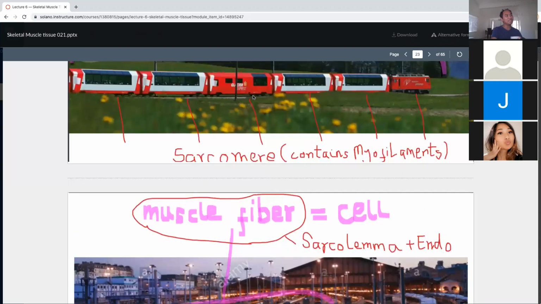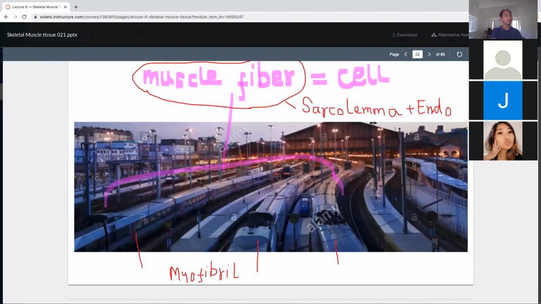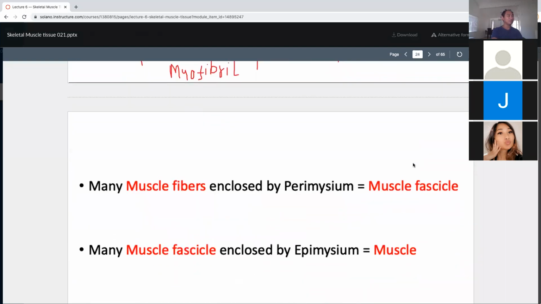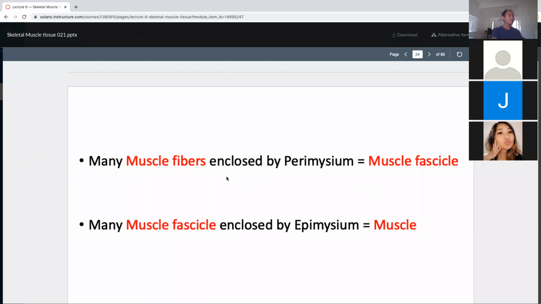Of course, inside the myofibrils we do have myofilaments, which are actin, myosin and titin proteins. If you collect muscle fibers and wrap them with the perimysium, you will get the muscle fascicle.